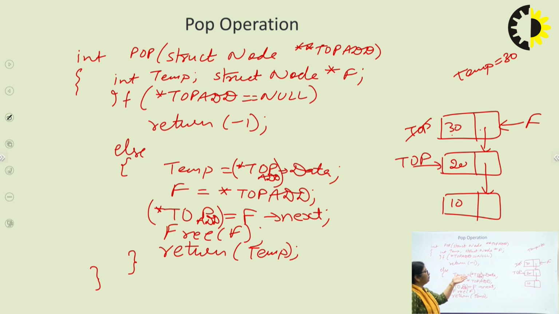One, to take temp data, that is the value from the node to be returned, and another thing is the address of top in some other pointer so that it can be freed. Then top address is changed to next top. And then the memory has been freed and the value has been returned. So this is our pop function.